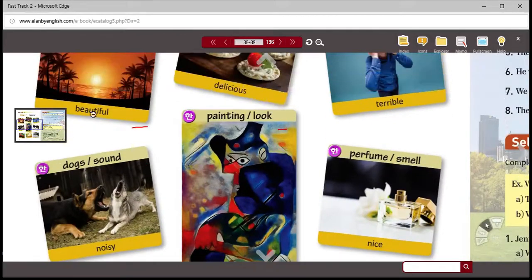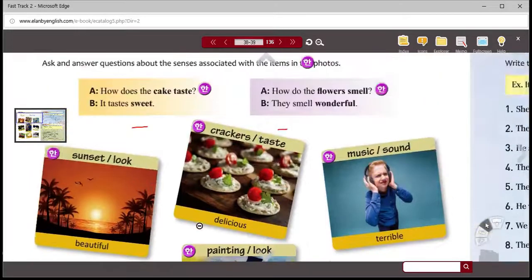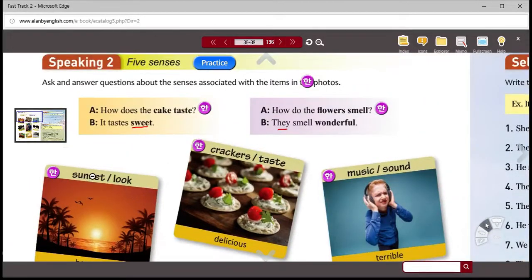So the adjective is listed at the bottom of each picture. Going on each picture, you're given an object, a subject, and a verb. These are, again, perceptive verbs. So hit pause, and you can practice with a partner or alone.